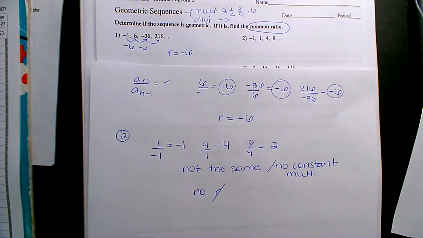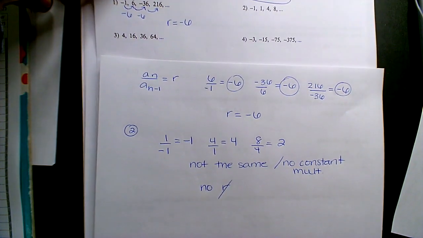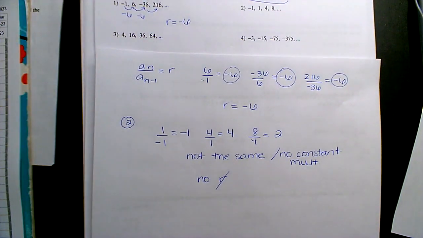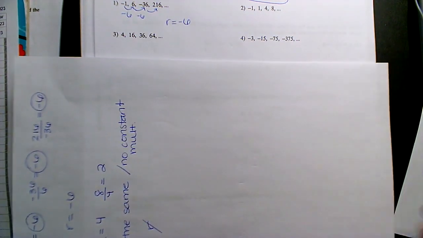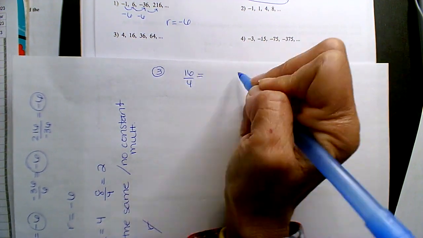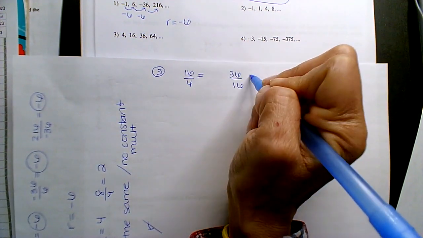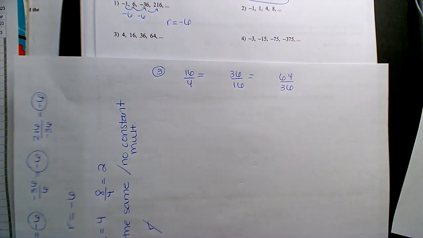You want to keep going? Okay, so if you look at the third one, here, let me rotate the paper actually. Let's go third. All right, so if I look at the third one, if you don't see it, no big deal. Just create ratios. Oh, okay, so this isn't working, right?